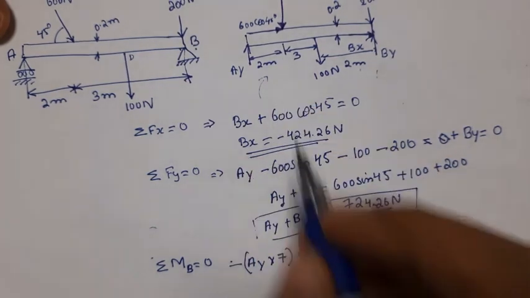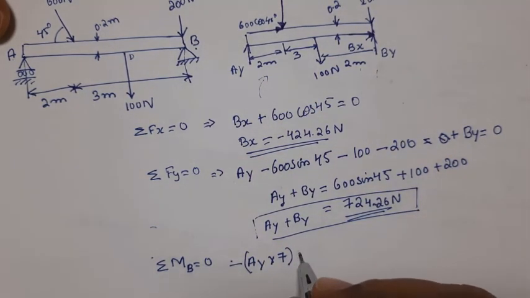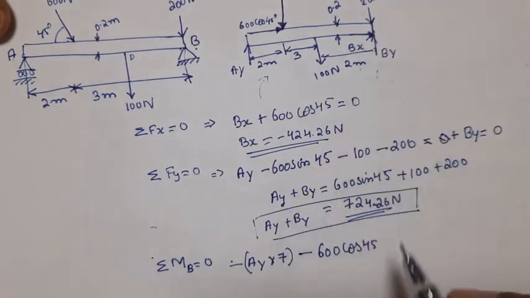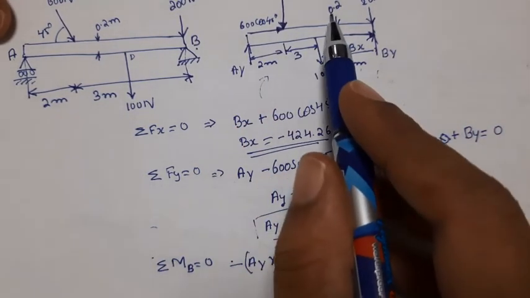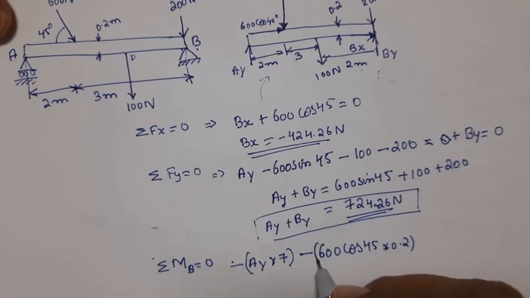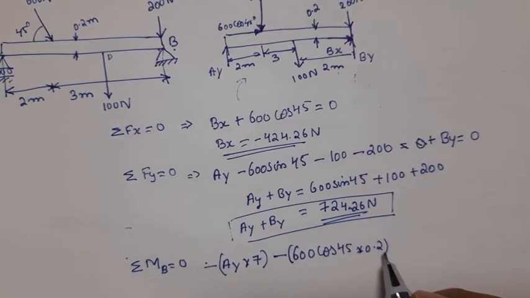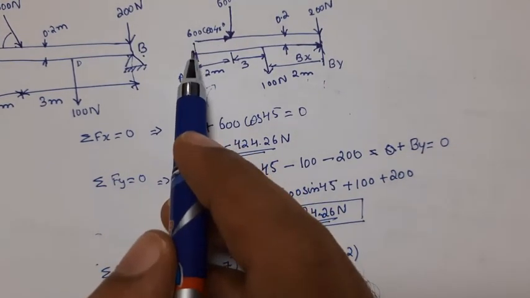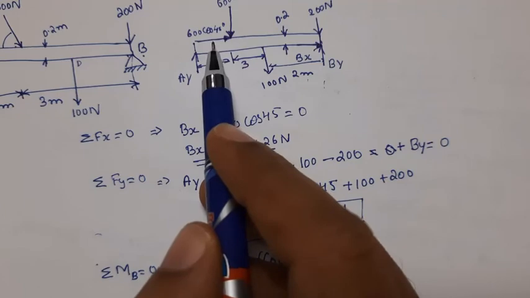We consider that in the minus direction, that is 600 cos 45. This force will be acting here, and we consider it to be at a distance of 0.2 meter. If the thickness is given, only then we need to do this, or else it's not necessary to consider this force here, because if it's a straight line, then it will be 0.